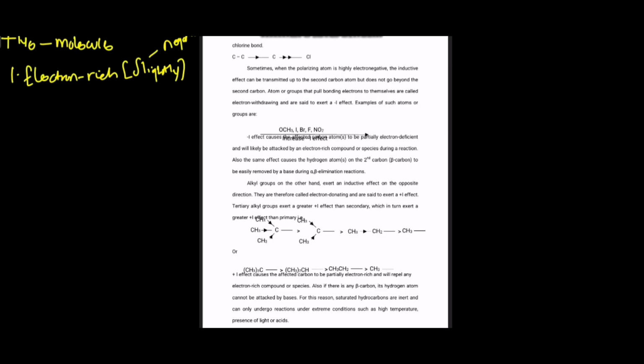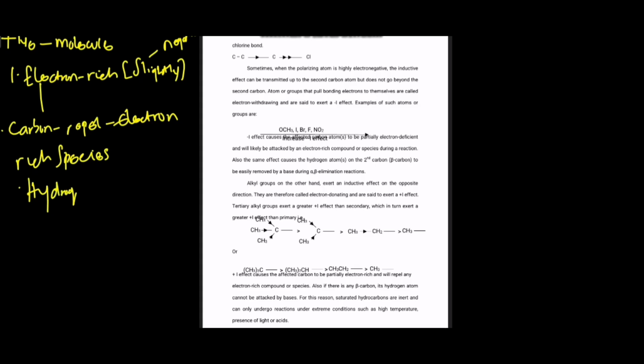Since the positive inductive effect makes carbon electron rich, carbon will repel electron rich species. It also makes the hydrogen atom very hard to remove.